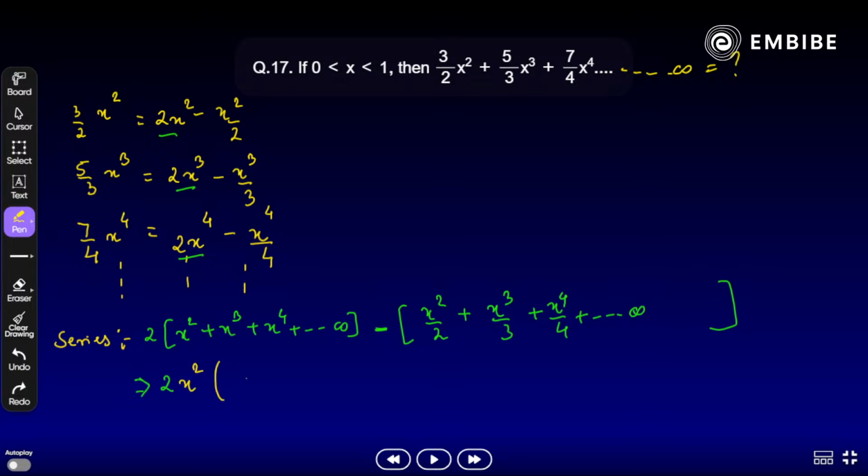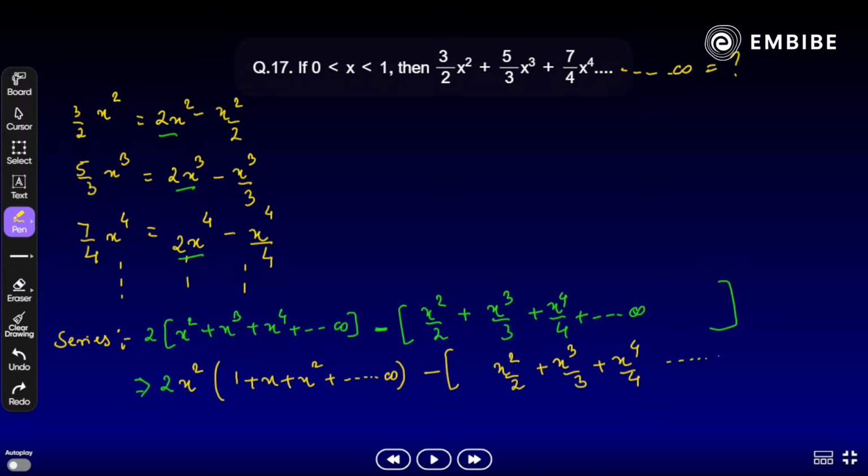So inside the bracket, what do we get right now? We get 1 plus x plus x square and so on up to the infinity here. Correct? Minus. Now we have x square by 2 plus x raised to power 3 by 3 plus x raised to power 4 by 4 and so on.